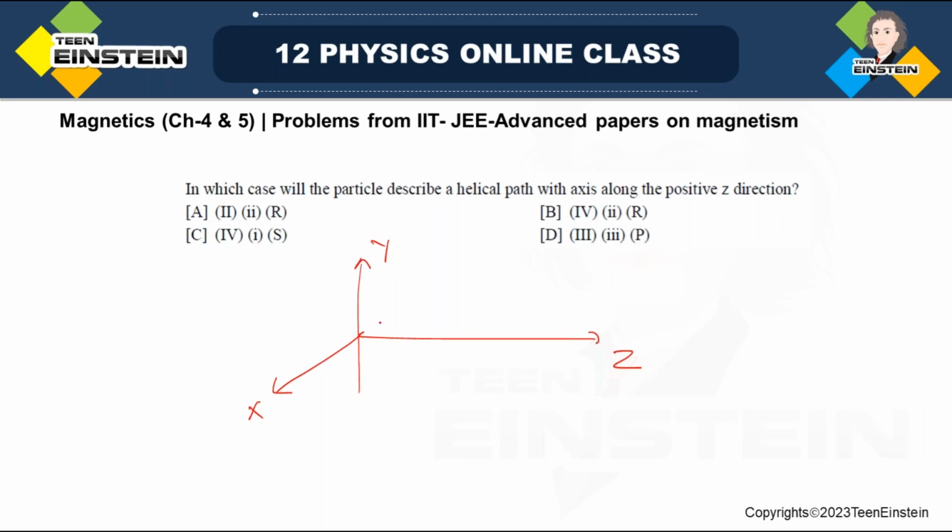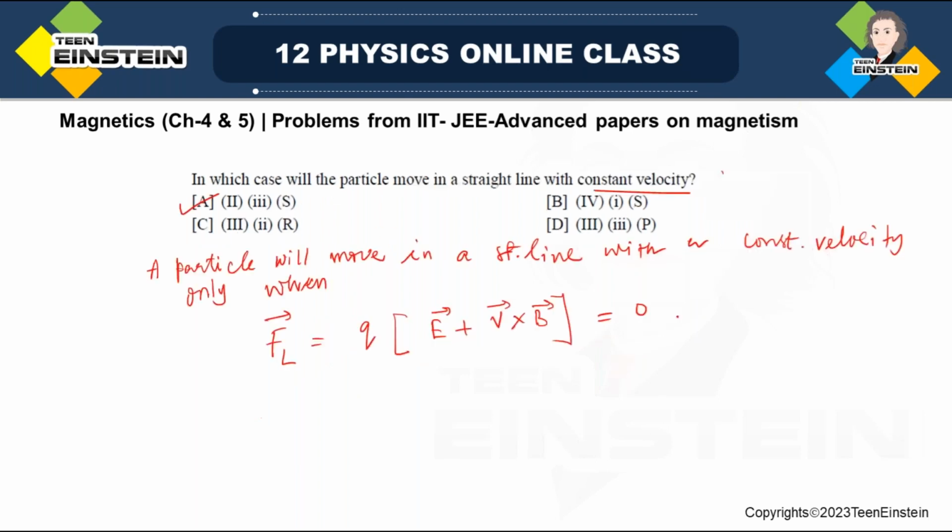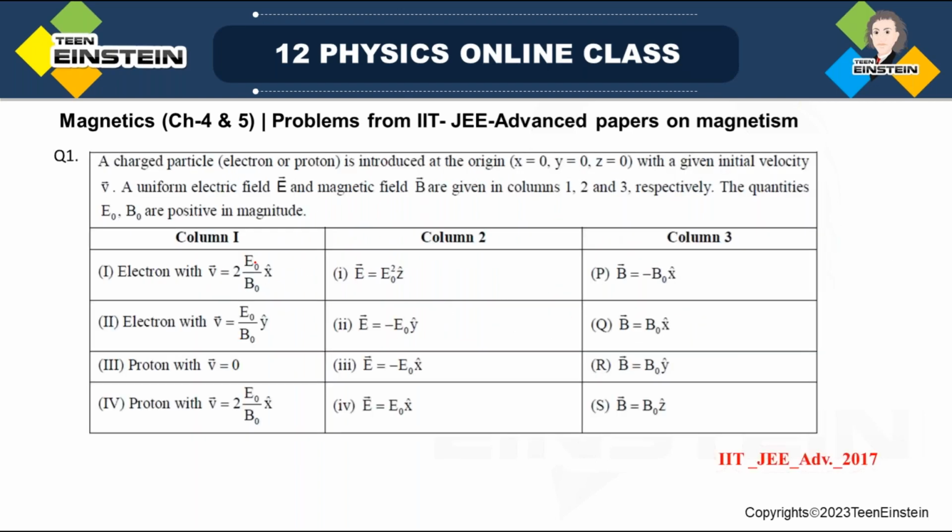If you have a velocity of a charged particle making an angle theta, there will be a parallel component and a perpendicular component of the velocity. That's how you can get it. But in this case, we have to see how the velocities are given along a particular direction, either x or y direction. So that we'll see.